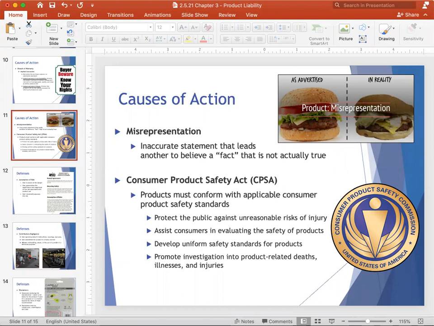So while the product doesn't need to be defective, if a product is misrepresented, which influences a buyer to purchase that product, and then that consumer becomes physically injured, they can claim misrepresentation even if the product isn't defective, isn't unreasonably dangerous, but guess what? They were influenced to purchase the product and that product happened to injure them.